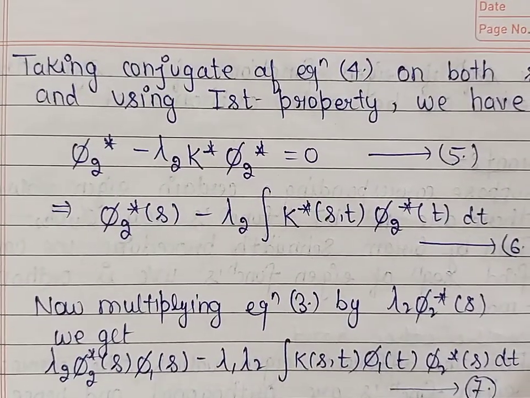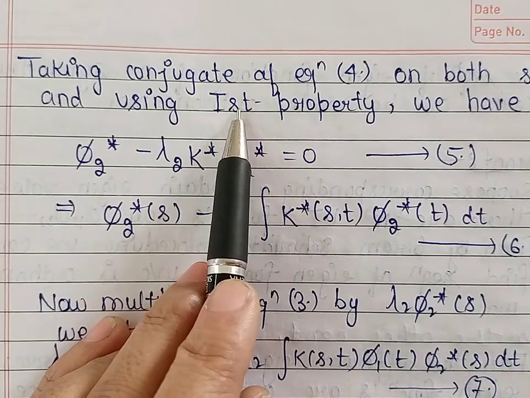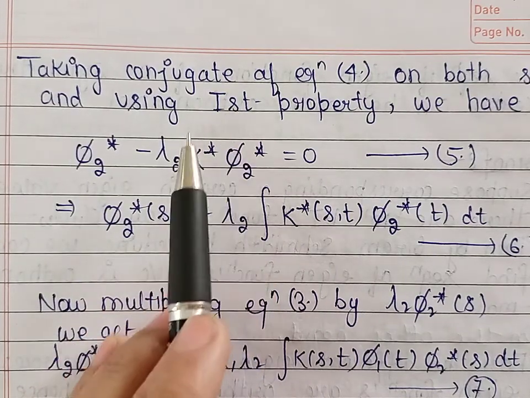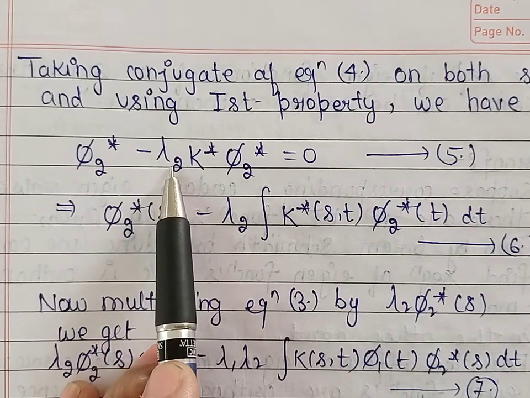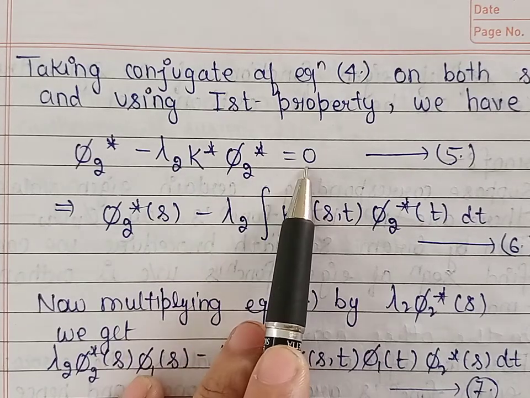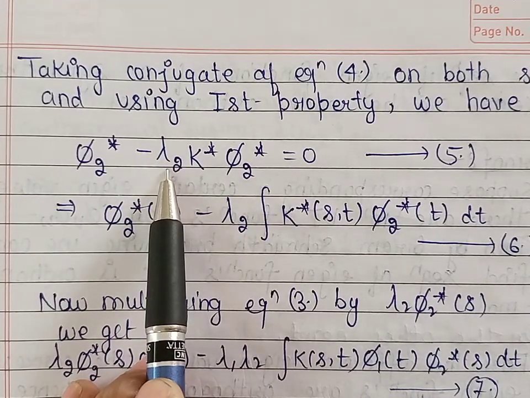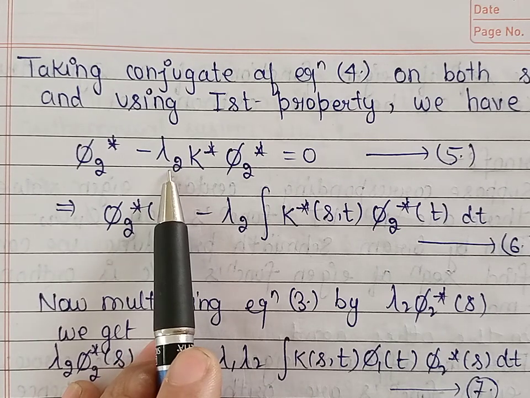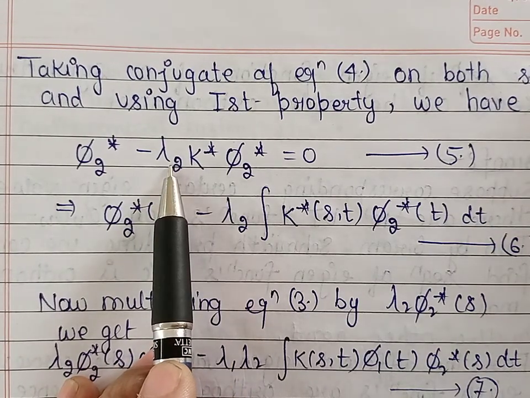Now let us take the conjugate of equation 4, using the first property. If we take the conjugate in equation 4, we get phi 2 conjugate minus lambda 2 conjugate times K star phi 2 conjugate is equal to 0. Because lambda 2 is an eigenvalue of a symmetric kernel, and yesterday we discussed that the eigenvalues of a symmetric kernel are always real, lambda 2 conjugate will be the same as lambda 2.